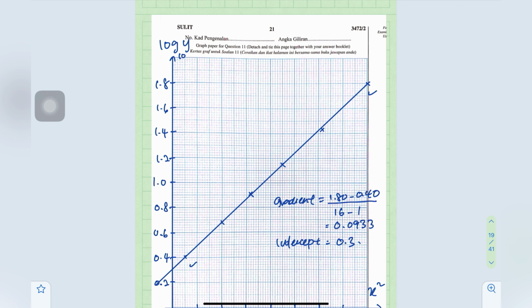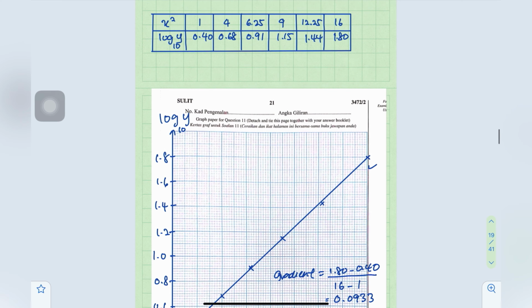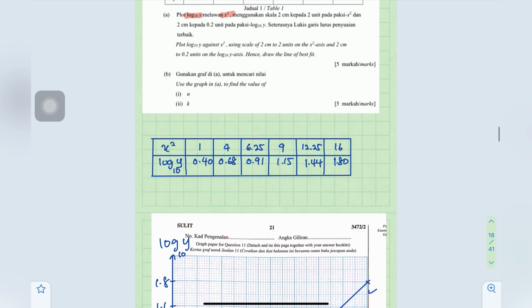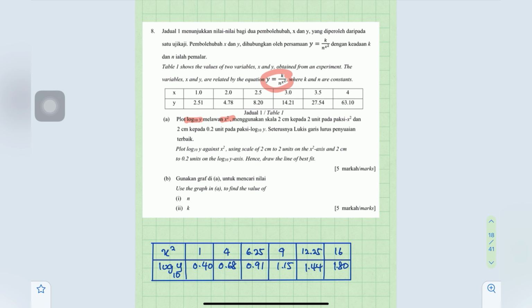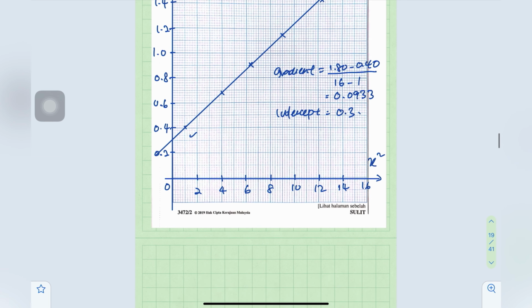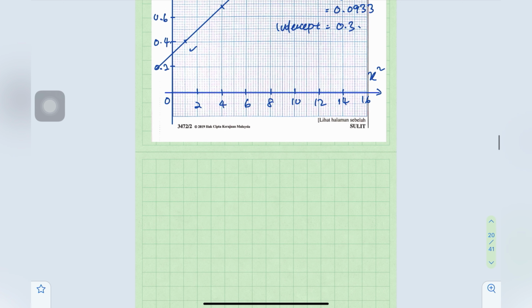Okay, so then the question asks you to find the values of n and k. So first of all, we need to reduce the equation. Kita ada equation ni. Okay, so kita reduce lah. Okay, so kita ada y equals to k over n power of x squared. Dia punya clue is log kan. So kita logkan both side with log base 10. Log base 10 of k over n power x squared.